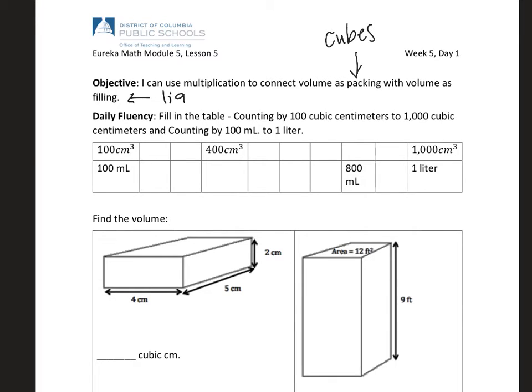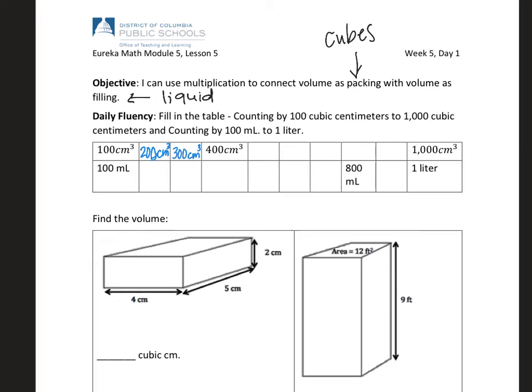Okay. So for our daily fluency, we're going to fill in the table counting by 100 cubic centimeters, and then we're going to count by 100 milliliters. All right, so for 100 cubic centimeters, we're just counting by hundreds, so what comes next is 200 cubic centimeters, okay, and then 300 cubic centimeters.